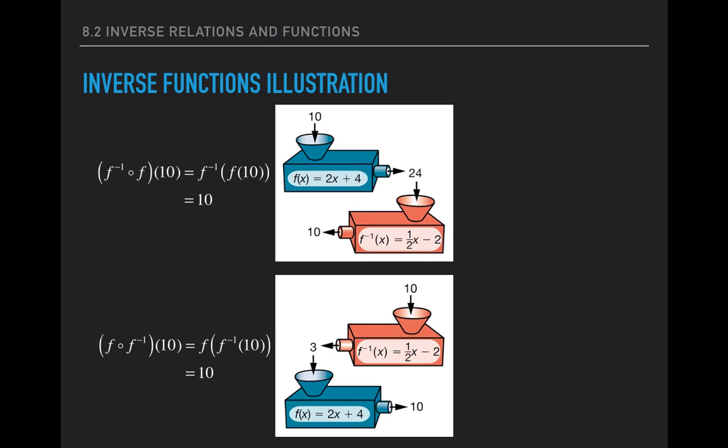And this is how you check that two functions are inverses. If someone asked, are these two functions inverses? You would do this composition the two ways, and if you got the output that was your input both times, they would in fact be inverses of one another.